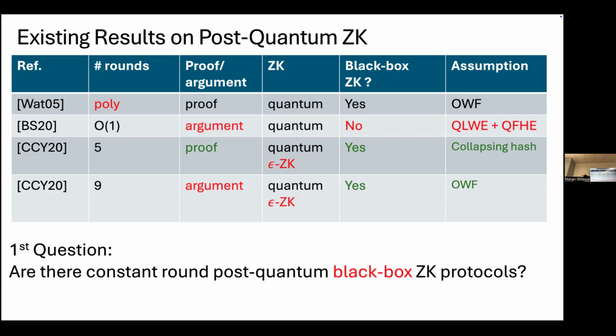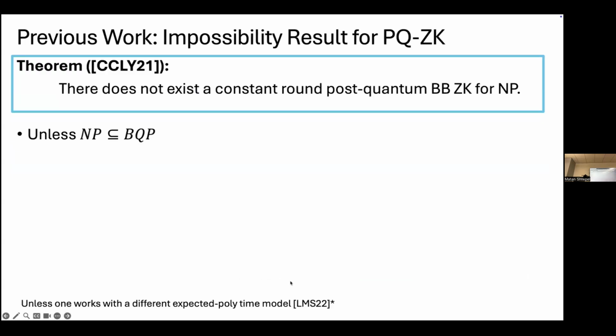Now we have a quantum malicious party, so things can only get even more challenging, and basically that's true. It's just that you can't simply use a classical proof against a quantum adversary. You have to use a new proof. But indeed, there does not exist a constant round post-quantum black box zero knowledge protocol for NP.